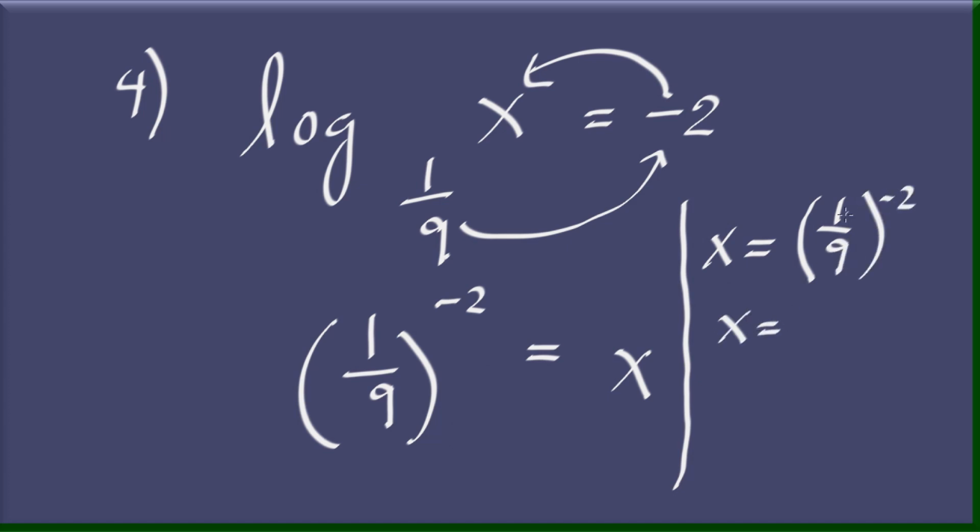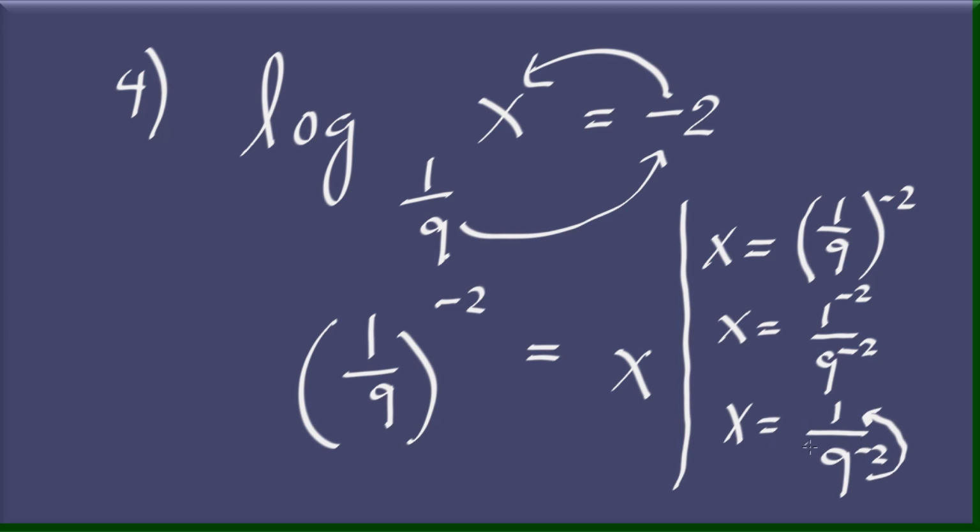You can raise 1 to anything, it's still going to be 1, right? So 1 to the negative 2, when you distribute this exponent negative 2 to 1 and 9, you have something like 1 to the negative 2 over 9 to the negative 2, which is the same as 1 over 9 to the negative 2. Again, the property of exponent can be applied here. So you bring this up one more time.